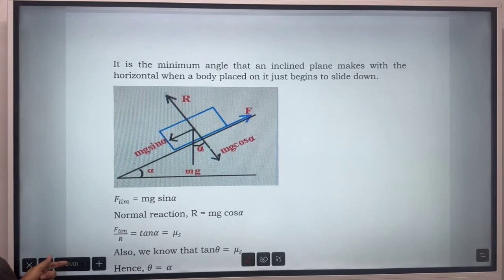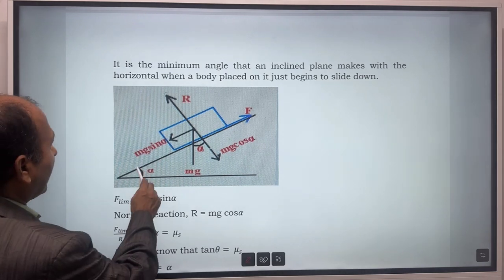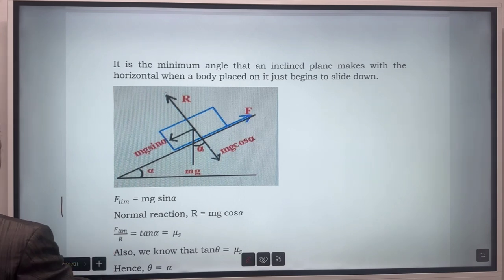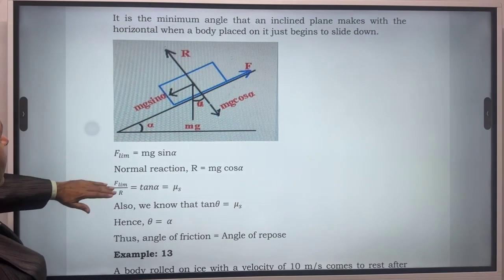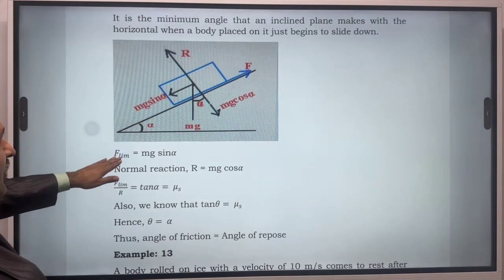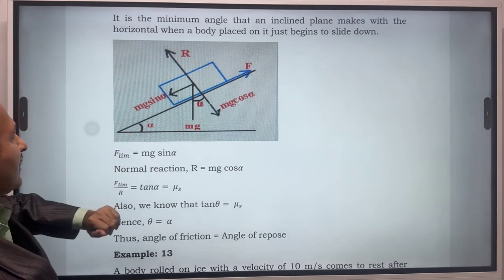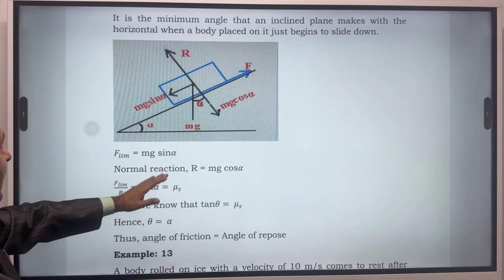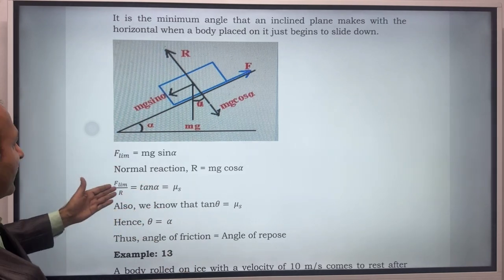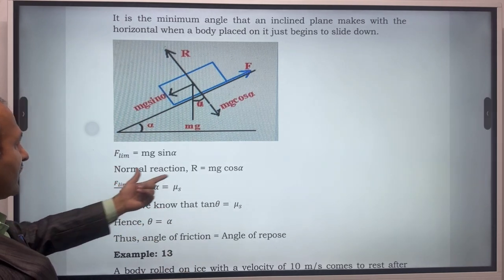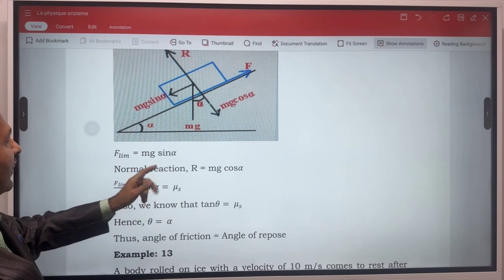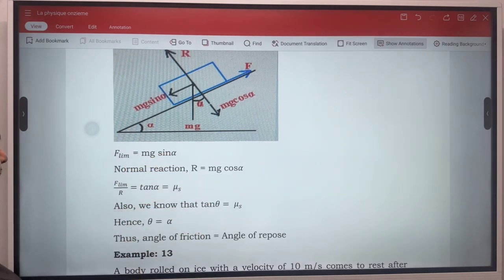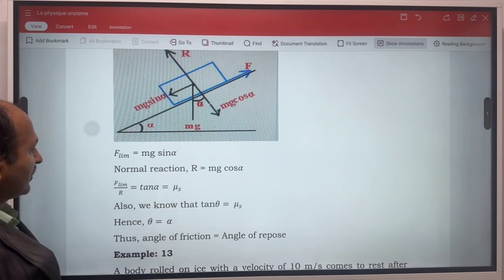Here if we want to find this angle theta, we can write: limiting friction here will be mg sin alpha, and normal reaction, as I told you, R equals mg cos alpha. If you divide the two, limiting friction divided by normal reaction, you get mg sin alpha divided by mg cos alpha, which gives tan alpha, which is mu s.